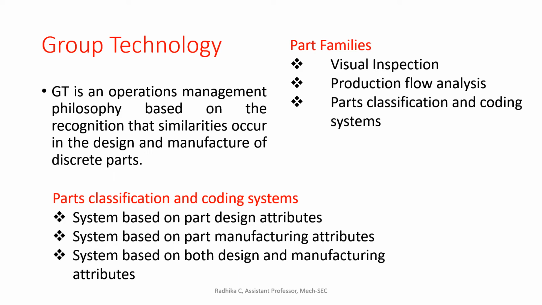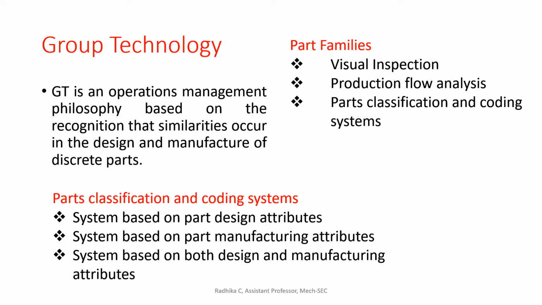So a part family is nothing but a collection of parts which are similar either because of geometry and size, or because similar processing steps are required in manufacturing. Parts within a family are different, but the similarities are close enough to identify them as members of the part family.